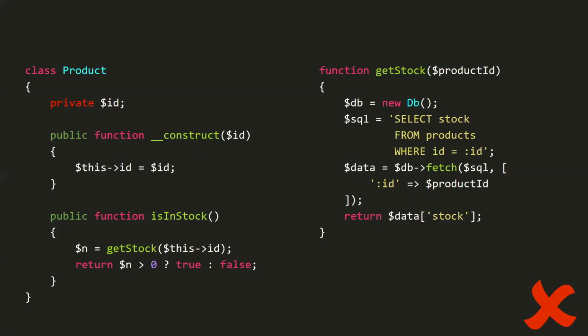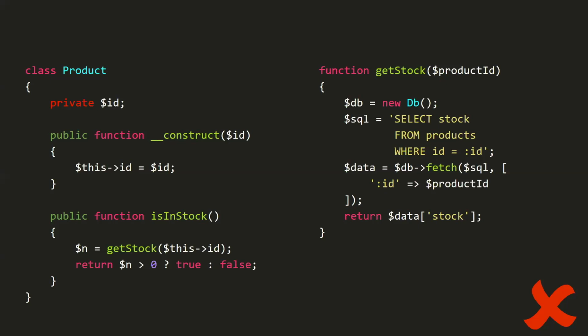Let's take a look at some code. This is an example that PhpSpec will not accept, hence the big red cross in the bottom of the screen. Let's say we're writing a spec for this product class. The isInStock method should return a Boolean to indicate whether or not the product is in stock.